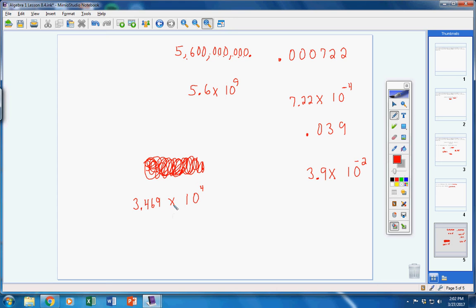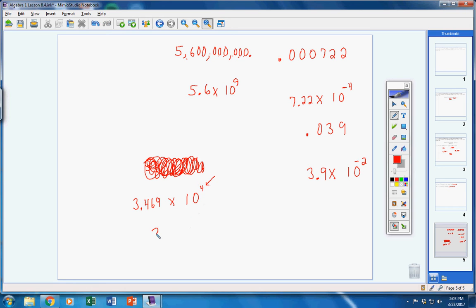Now, let's think this through. It's already written in scientific notation. Now we're going to go backwards and we're going to write these numbers in decimal form. Now, I know the decimal has moved how many places? 4, correct?